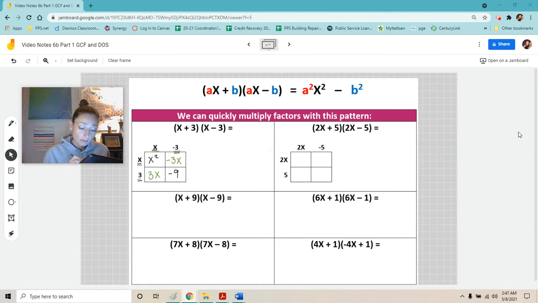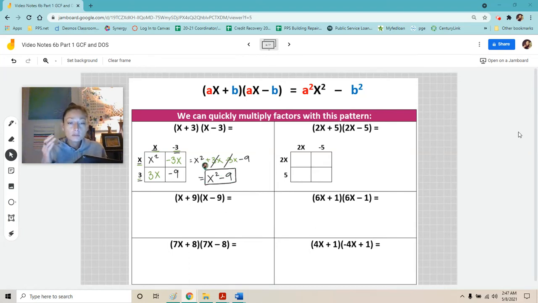Writing that out, that's x squared, plus 3x, minus 3x, minus 9. Just like what we saw on the previous page, we end up having a positive and a negative of the same type of x that cancel out, and so we're just left with x squared minus 9.